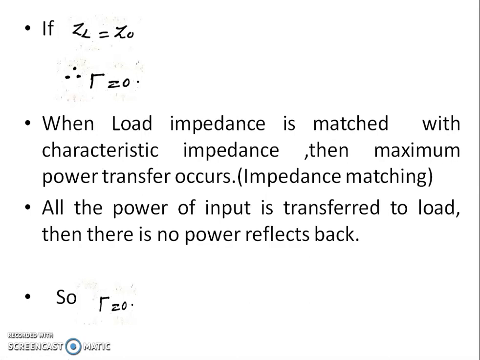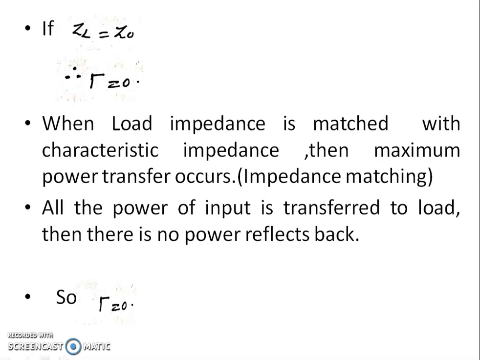If I want to know the physical meaning of the reflection coefficient, let us consider a wave moving in the forward direction. While traveling forward, it may happen that some part of the wave is reflected back.